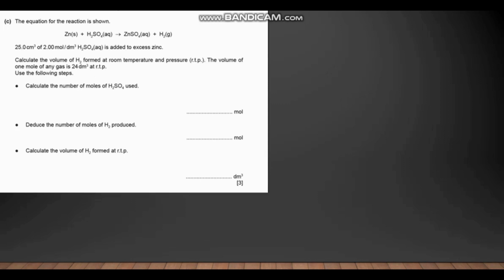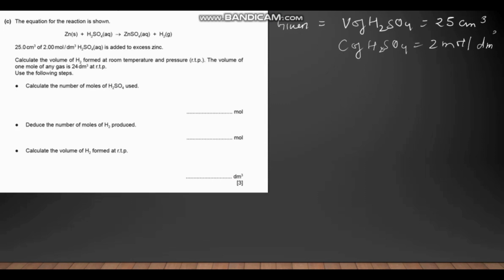The first step asks me to calculate the number of moles of H2SO4. Again, using the same method, the values given for H2SO4 are the volume, which is 25 cm³, and the concentration of H2SO4, which is given as 2 mol/dm³.